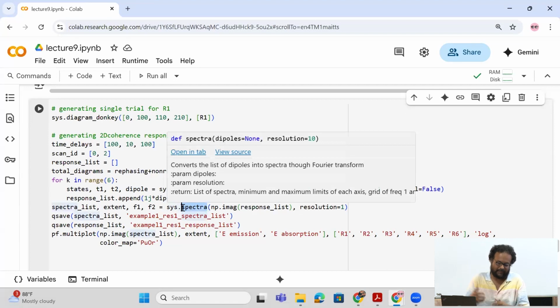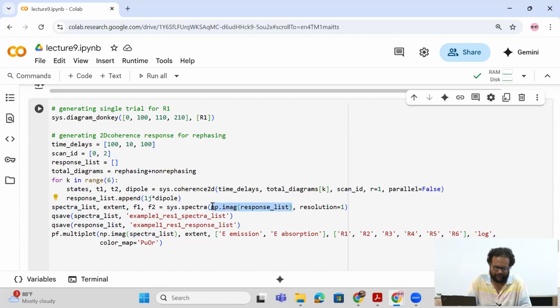Basically it takes the Fourier transform of the response function. I can give it np.imaginary of the response list, which again is the dipole. There's a reason why we do this, but let's not worry about that.